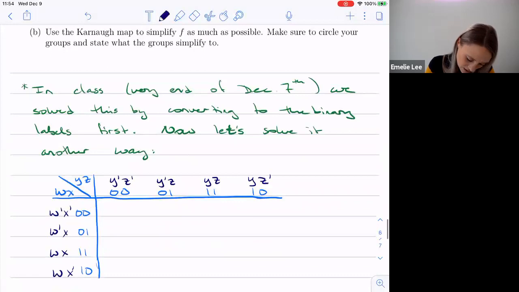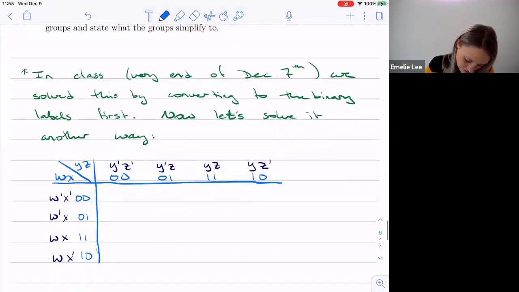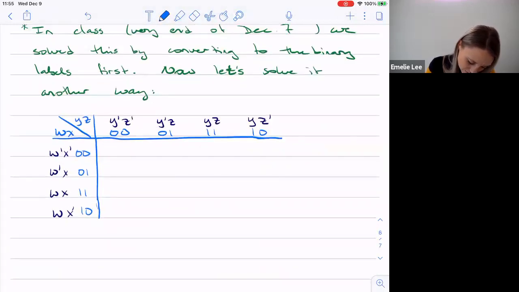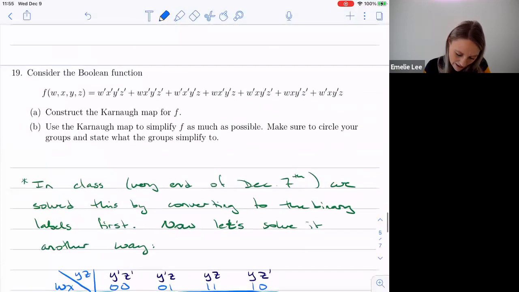So here I've got W prime, X prime, Y prime, Z prime. So I put a 1 here. And as I go, I'm going to cross these off, just so I don't get any ideas and go back on one or something weird like that.